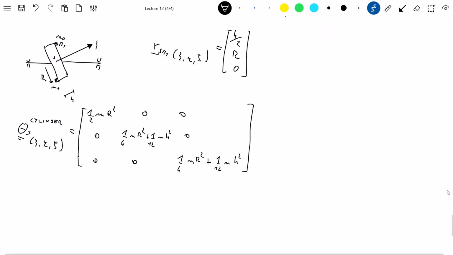So this is the moment of inertia matrix of the cylinder.